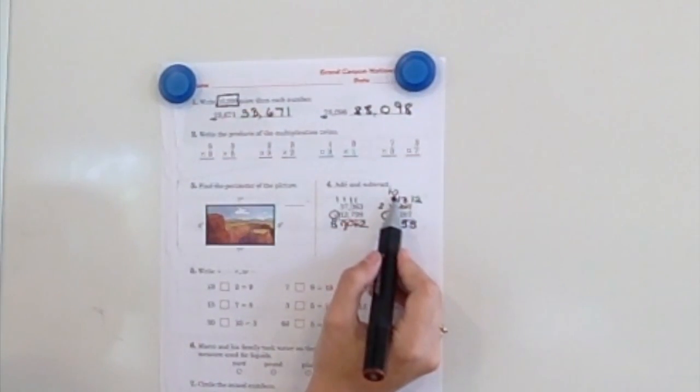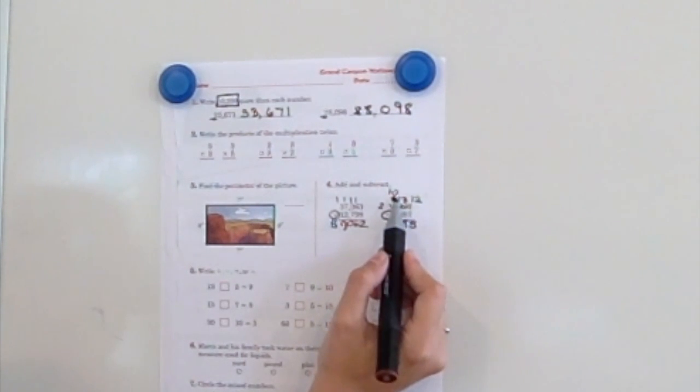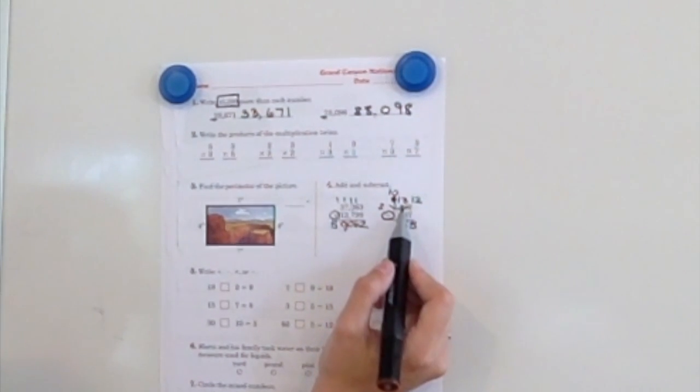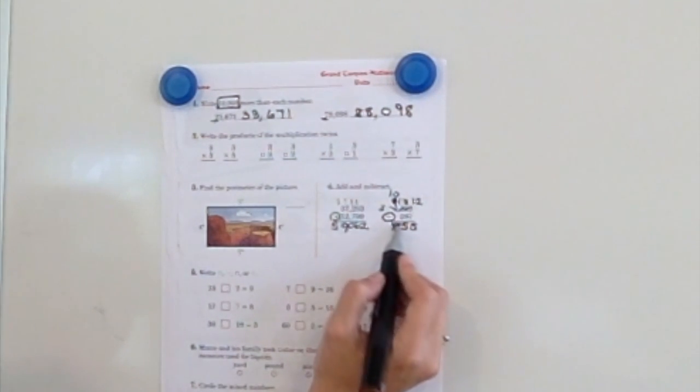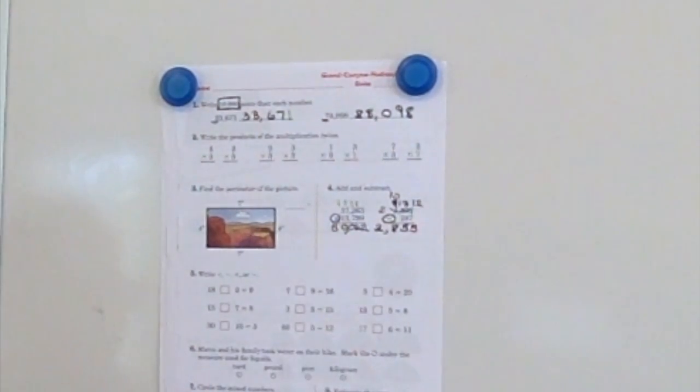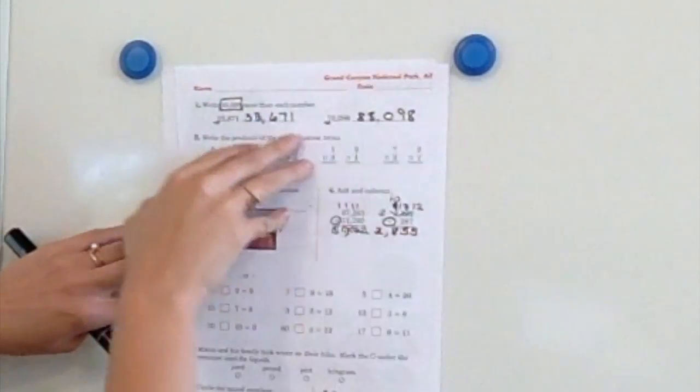So then we've got 10, right? 10 minus 2 equals 8. And then we've got 2. Okay? 2,855.